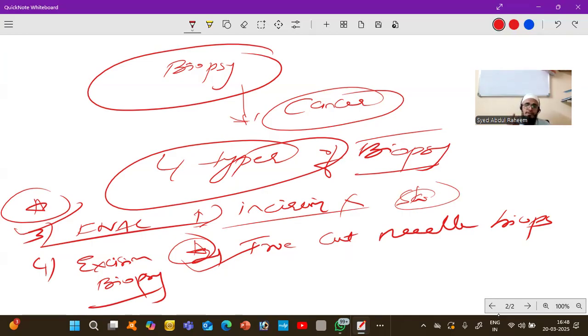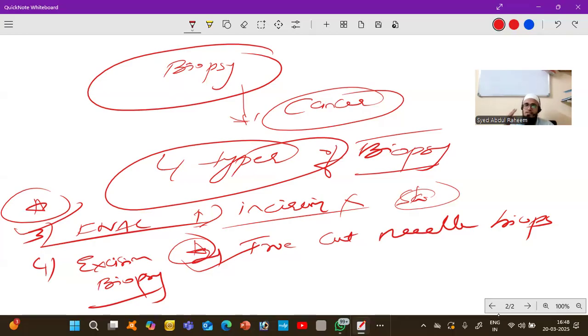FNAC you will use for the thyroid gland or soft tissues, like the mammary gland, thyroid gland, pancreatic glands. Ultrasound-guided needle will be inserted into that gland because they are soft tissues.